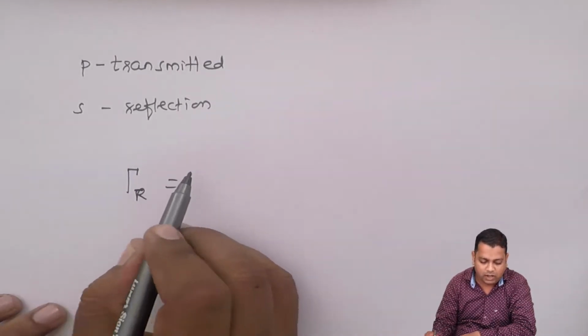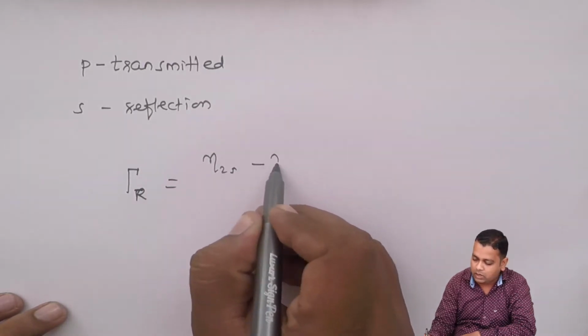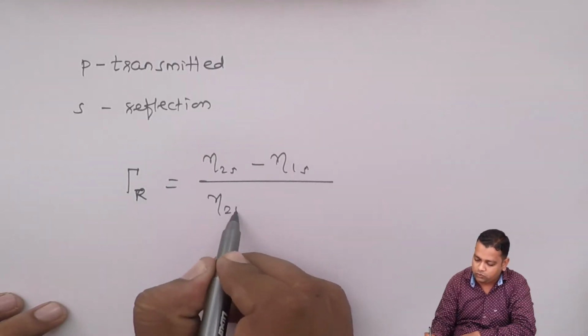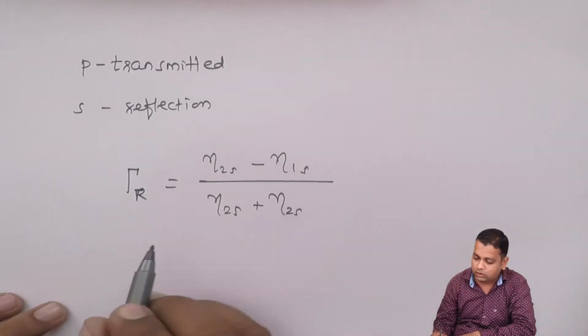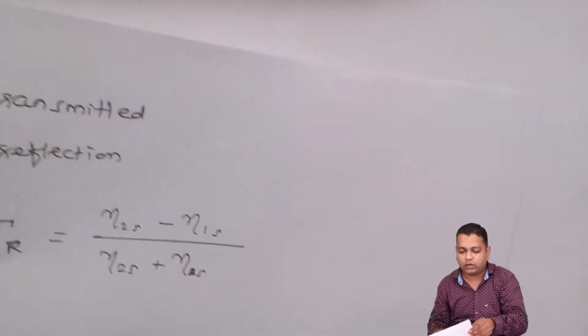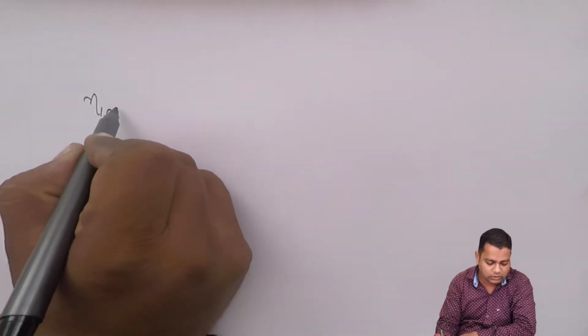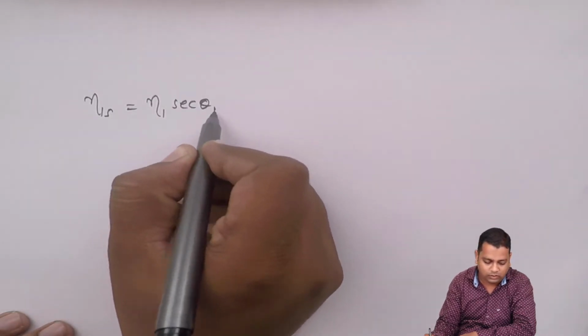we can mention gamma r given by eta 2 for S polarization minus eta 1 for S polarization, divided by the sum of the two. So we can substitute the values. For the S polarized wave, medium one gives eta 1S equal to eta 1 in general into sec of the angle theta 1.